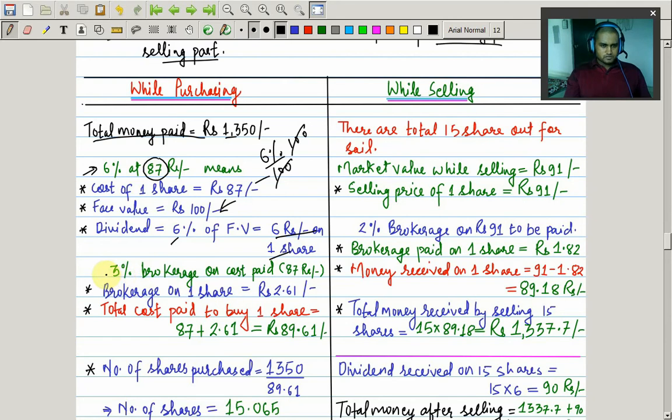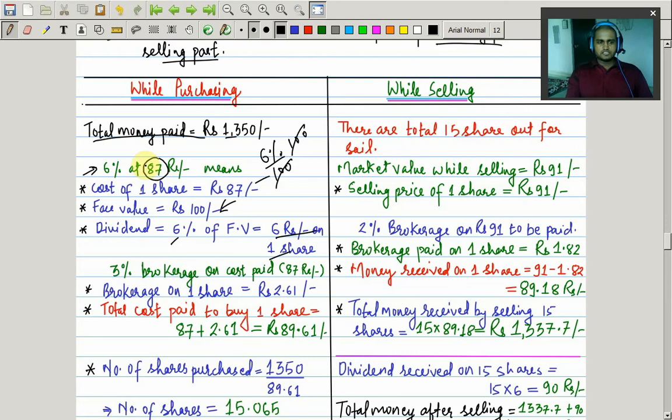And it says 3% brokerage I am giving to the broker on the cost paid. For one share, how much money am I paying to buy it?